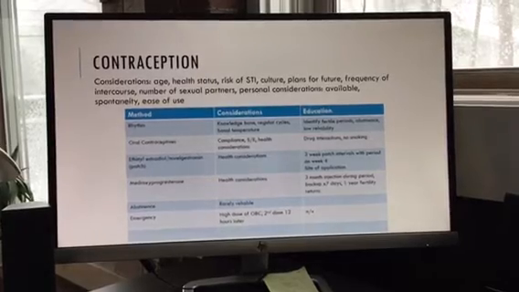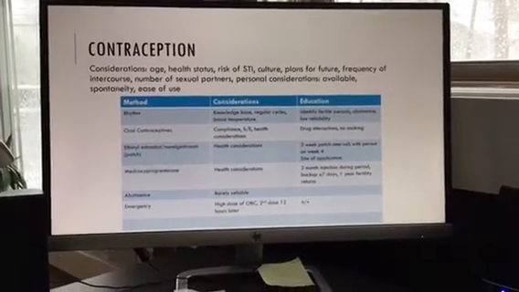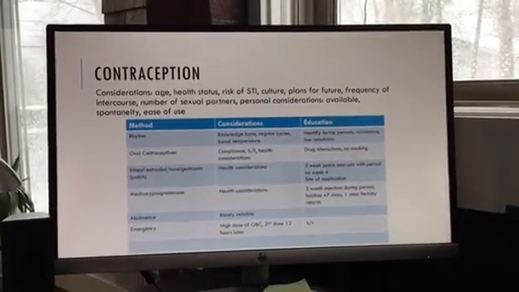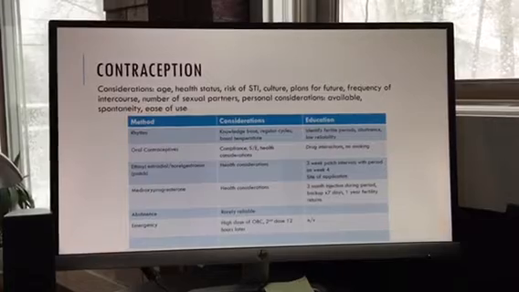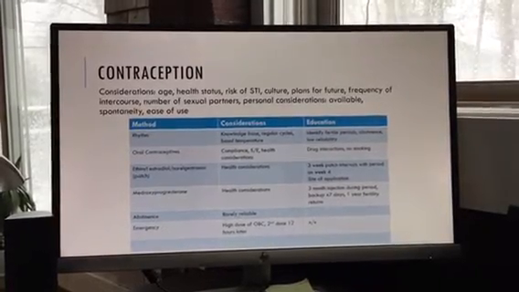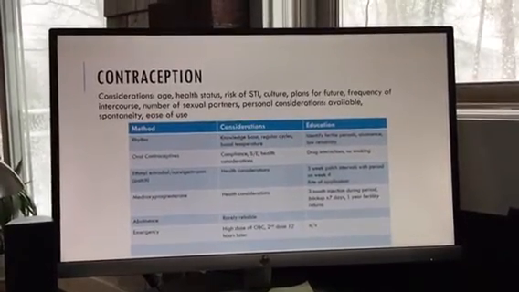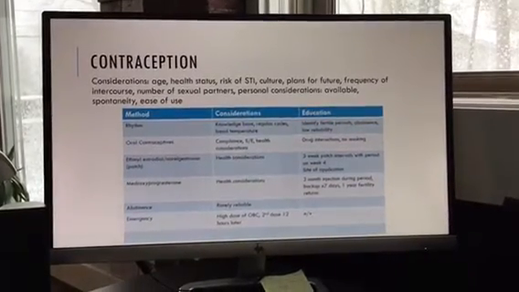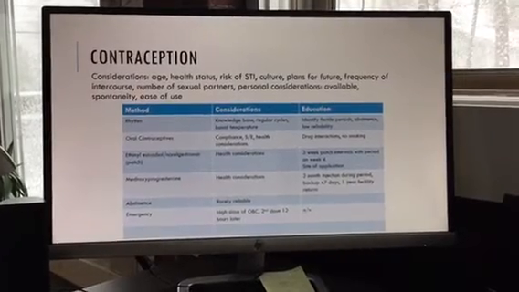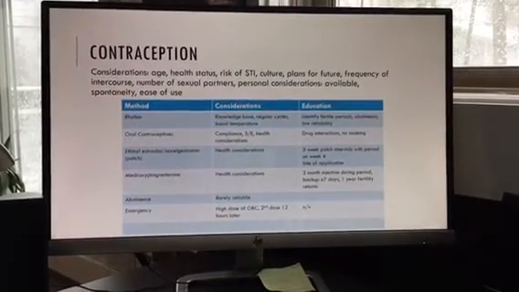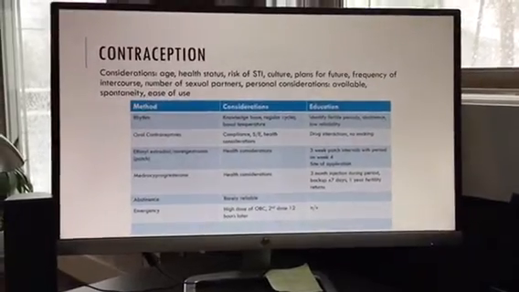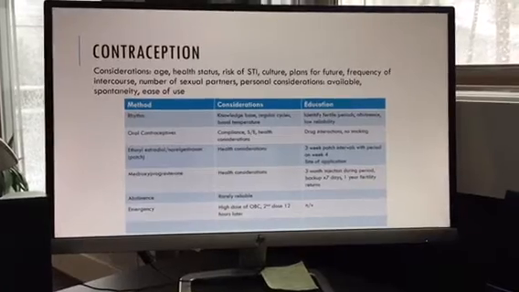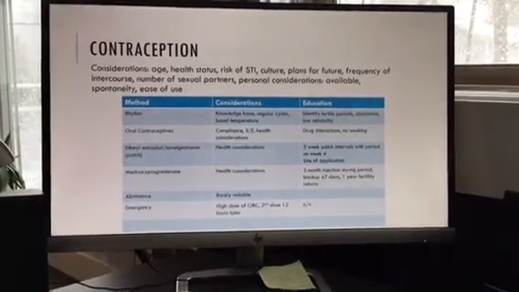Abstinence, rarely reliable at all for some of the obvious reasons. And then emergency contraception, and this is high doses of basically the same things that you're finding in your oral birth controls, and then a second dose would be offered 12 hours later with slightly reduced dosing, but extremely high dosing of oral birth control, and it has to happen within 72 hours of the suspected conception for fertilization.